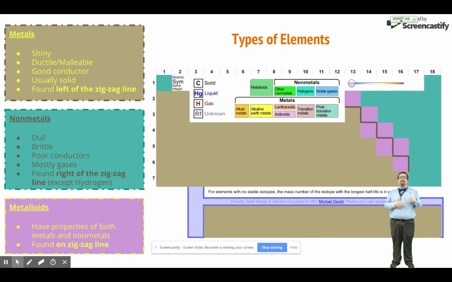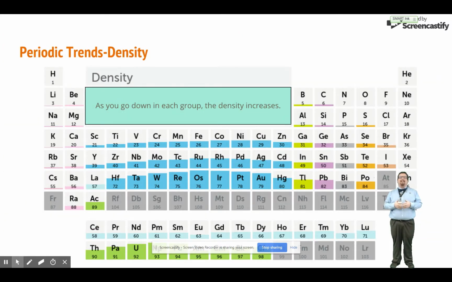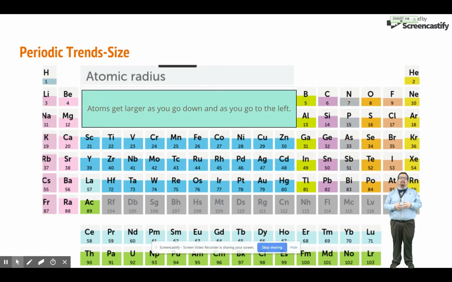The periodic table is so perfectly organized that we can actually see some interesting trends when we look at it. For instance, the density tends to get bigger as you go down in a group, and it also tends to increase as you go in towards the middle on the periodic table. For instance, osmium, the most dense element, has a density of 22 grams per milliliter, while hydrogen, the least dense element, has a density of 0.09 grams per milliliter.